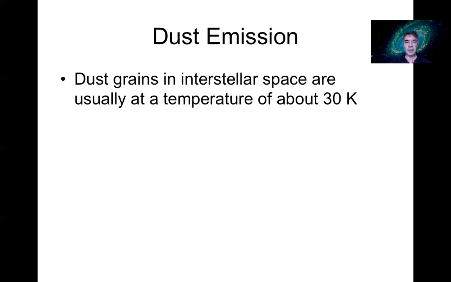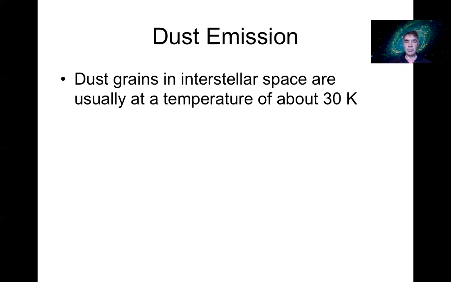So if you take a dust grain and put it way out into interstellar space, so here I'm talking about a long way from any star, sort of where the atomic gas is and also the molecular gas, then dust grains will cool down to a temperature of about 30 Kelvin, because the only thing that's heating them is the radiation coming from the stars, but all the stars are a long way away. And so they drop down to temperatures around about 30 Kelvin.